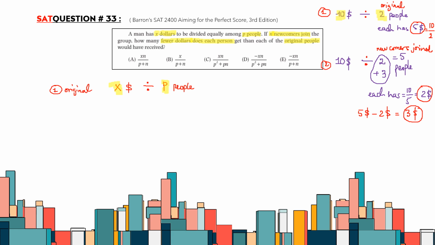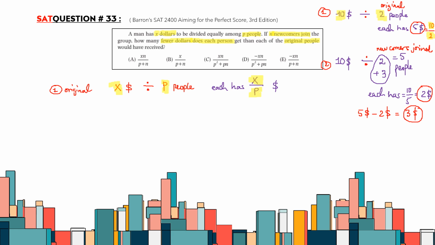In this case, each person has X divided by P dollars. X is 10 divided by P, the number of people.